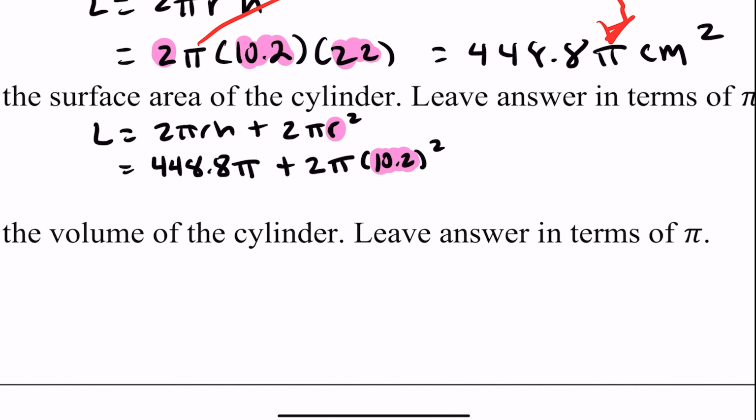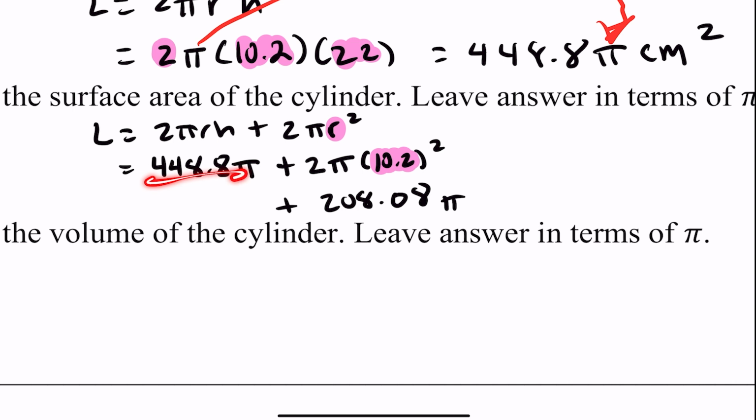Hopefully you're doing this with your calculator too. It's a good exercise so you know how to use your calculator on the day of the exam. You multiply 104.04 by 2, and you get 208.08 pi. Don't forget that pi.